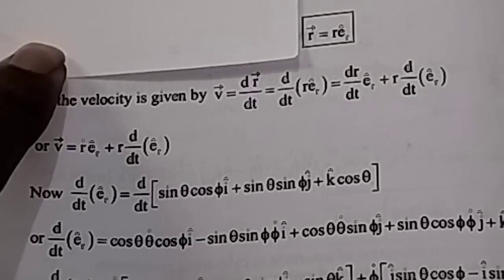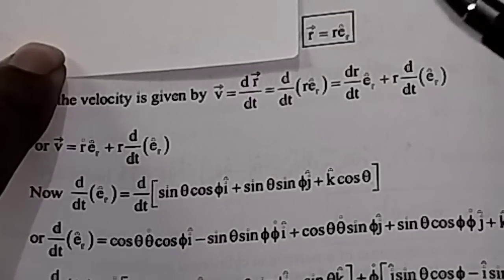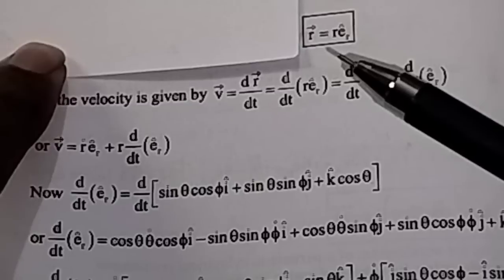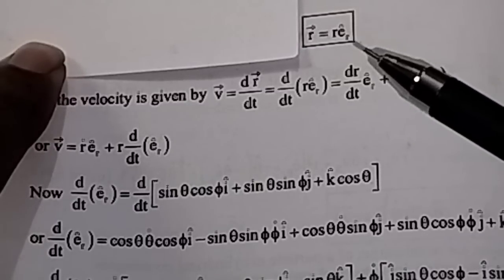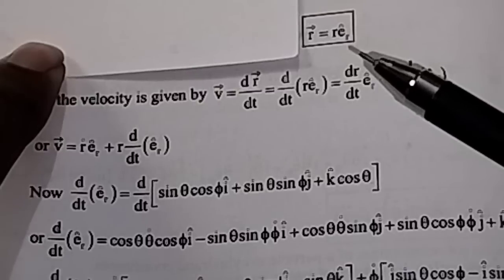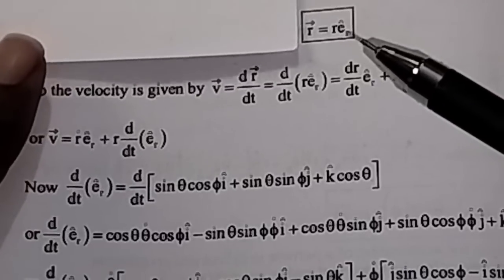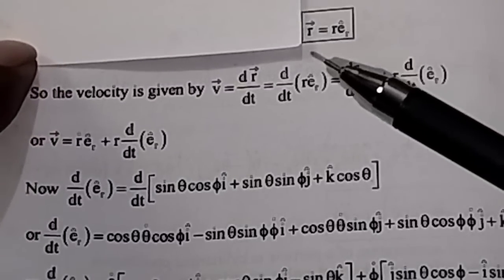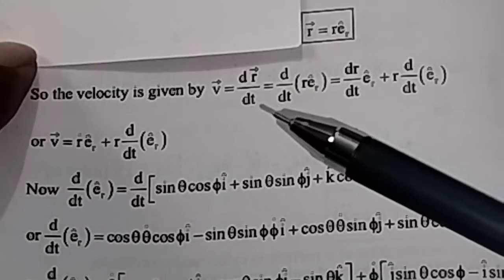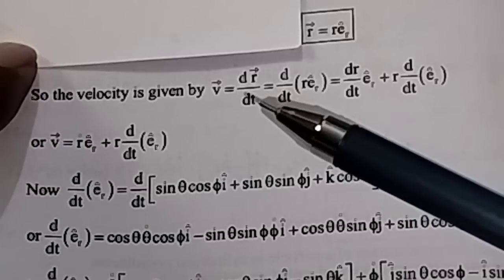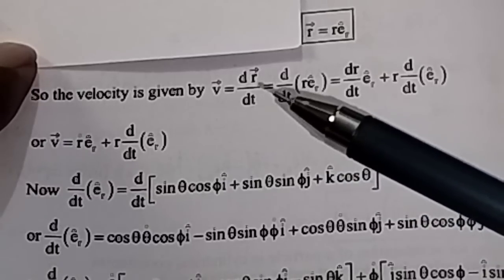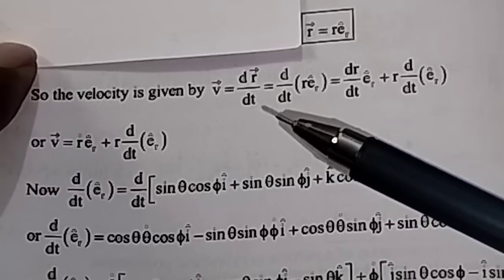In the previous video, I have shown you the position vector in the radial direction, that is r vector is equal to magnitude of r multiplied by the unit vector e r cap. So if you take the derivative of this position vector with respect to t, then you will find out the expression for velocity. So velocity will be equal to derivative of the position vector with respect to t.